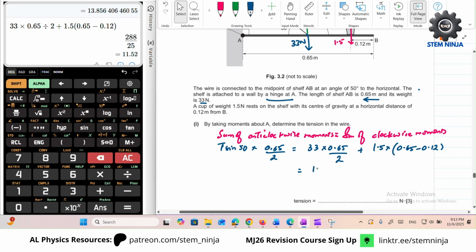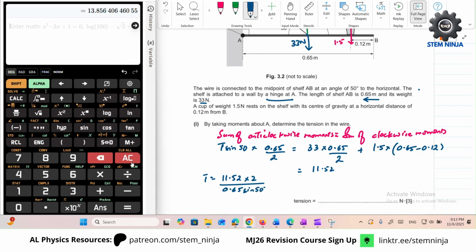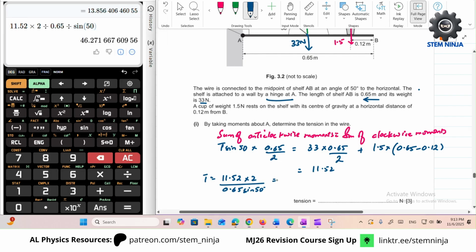So this is 11.52. Then you take sine 50 to the other side. So T would be 11.52 times 2 divided by 0.65 sine of 50 degrees. This is coming out to be 46.27, so roughly 46.